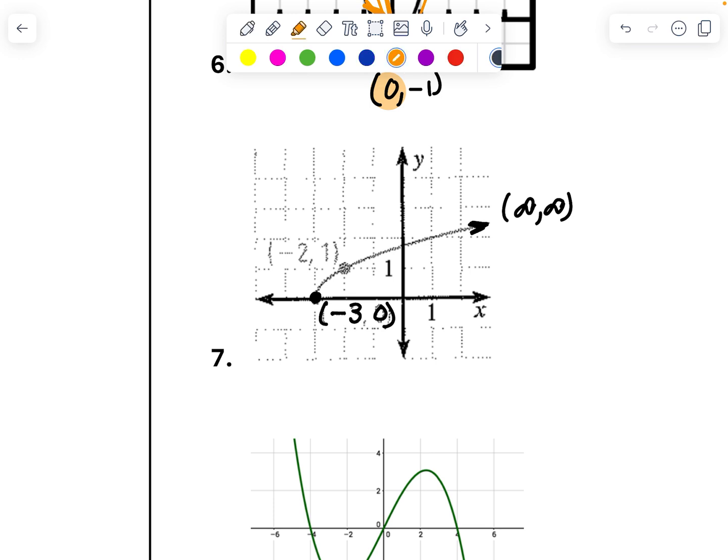I am going to look at my x values only, this x value and this x value, and I'm going to notice that the graph begins here and is headed in an upwardly direction the entire time. So I am going to say that it is increasing from -3 to infinity.